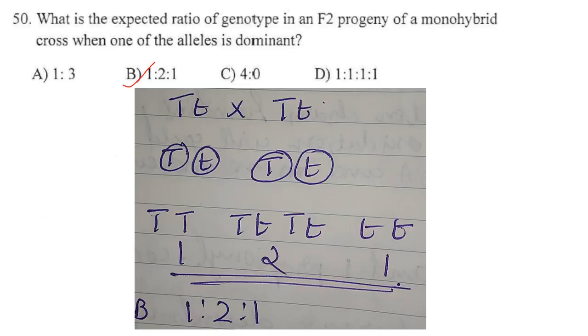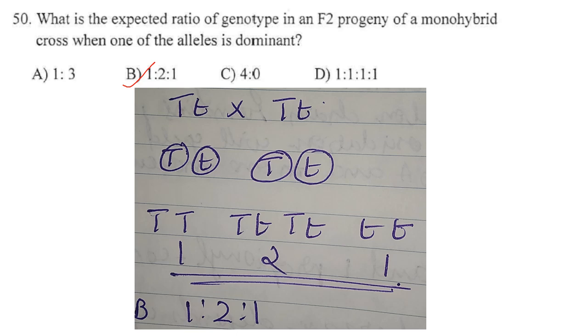Then what is the expected ratio of genotype in an F2 progeny of a monohybrid cross when one of the alleles is dominant? After the monohybrid cross, the F2 progeny will be capital T small t crossed with capital T small t.